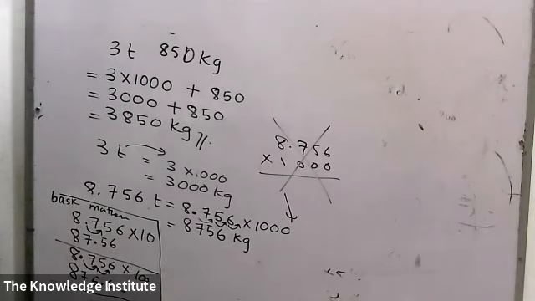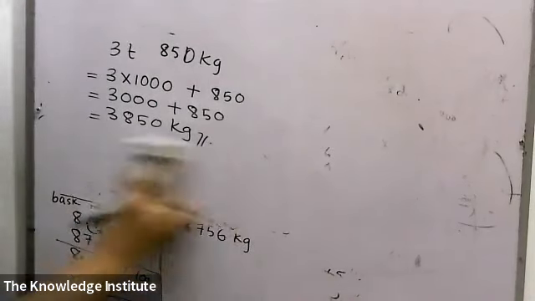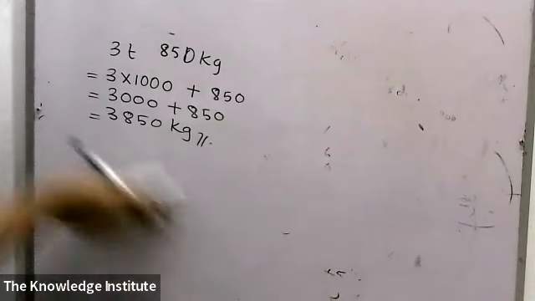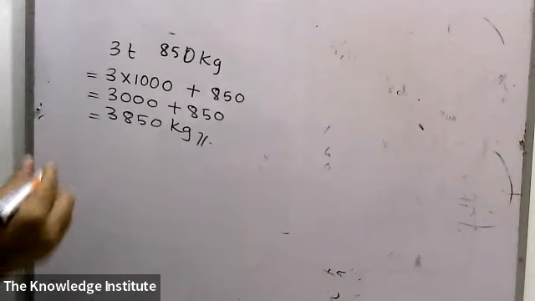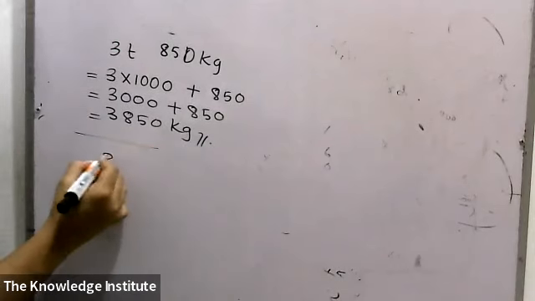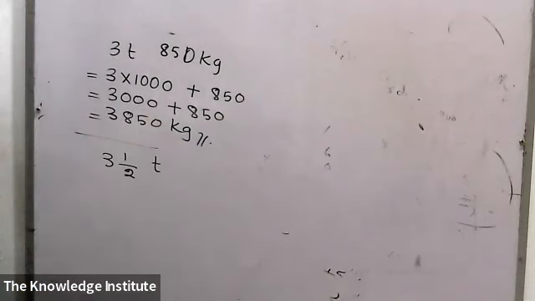Yes, teacher. Okay, this is another type of question. Then let's say they have given something related to a fraction. Next example. Let's say they have given 3.5 tons to express in kilograms. Tell me, how can we convert?